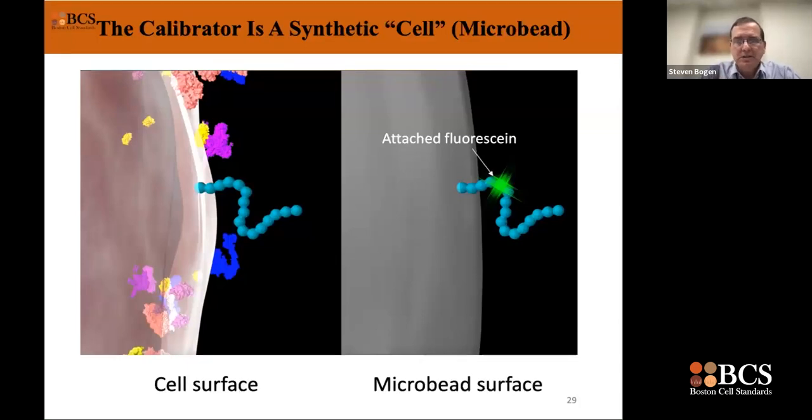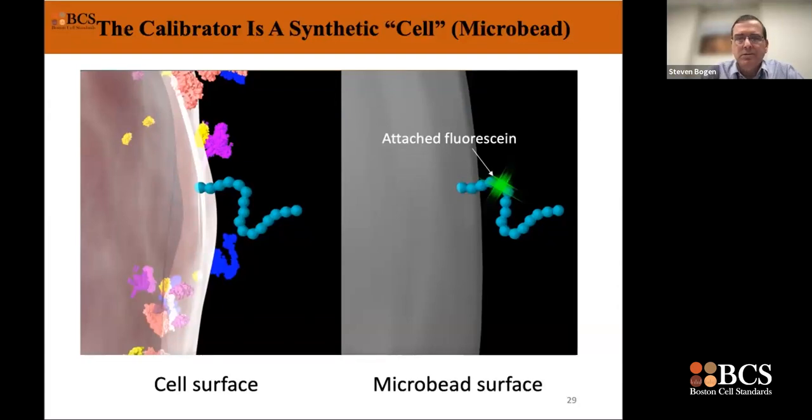There's no measurement standard for any of the different cellular proteins, but there is one for fluorochromes. So by attaching that fluorochrome to purified molecules, we can measure its concentration after it's attached to cell-sized microbeads, which is this kind of gray surface to which you see it being attached.